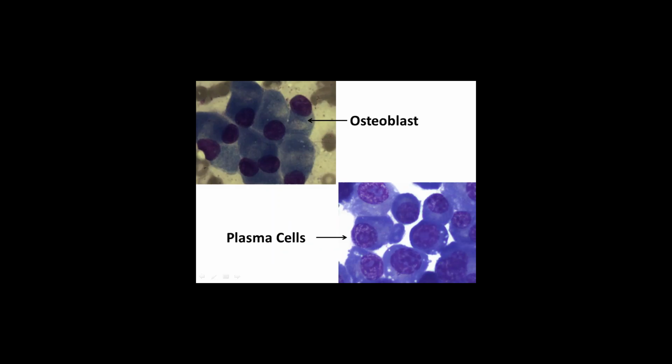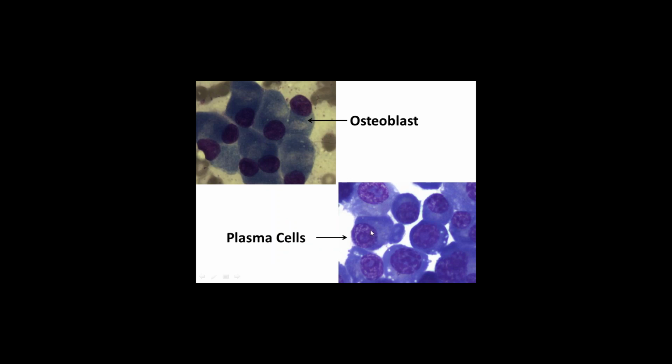This is a characteristic of dysmegakaryopoiesis. Now, some of the other cells that we generally see in the bone marrow are osteoblasts, which are generally confused with plasma cells, and that is why I've put both of them together. The osteoblast will have a nucleus which almost extrudes from the cytoplasm, and a hof which is generally distant from the nucleus.